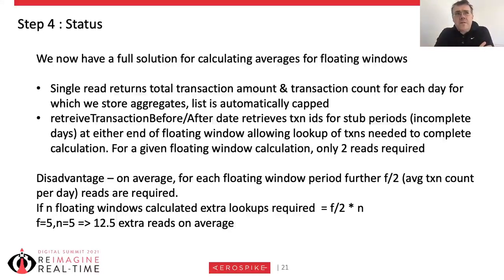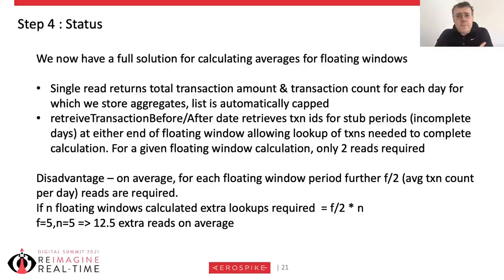So if we're doing computations for n floating windows, and as I said, typically this is what you will do to get the information you need for your fraud models, with this method, to get the stub data, you're going to need to do n times f over 2 reads to compute n floating rate averages.